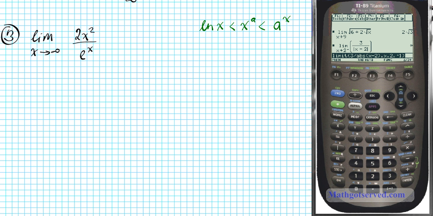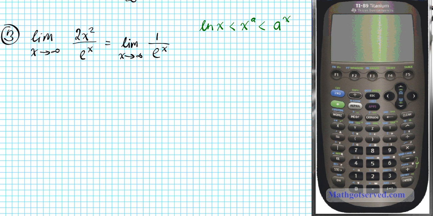So at infinity, this limit is the same thing as saying we're evaluating the limit as x approaches infinity of 1 over e to the x. At infinity, 2x squared grows so slow that we can view it as 1, okay?